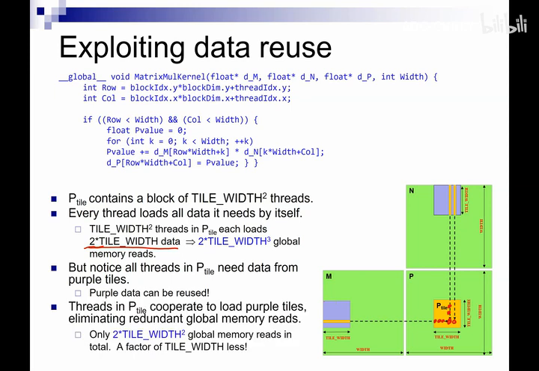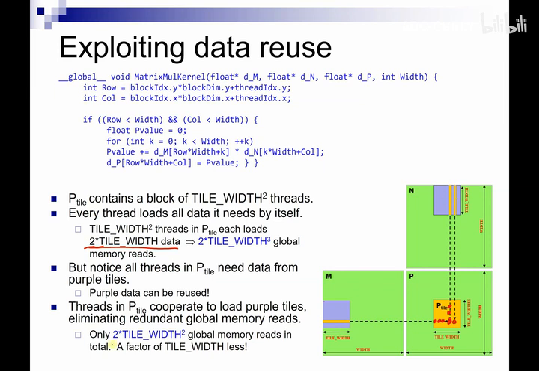What that means is, if somehow we can load this purple data from M and N from global memory just once, and then share that data between all of the threads in this yellow P tile, then how many global memory accesses do we need to make? Well, it's just tile width squared, that's the size of this purple tile, and the same thing for the tile for N.